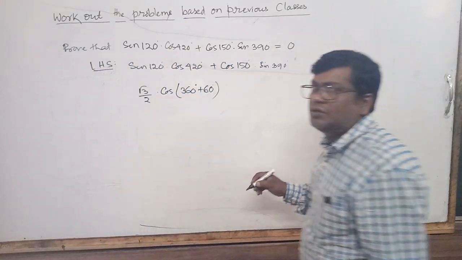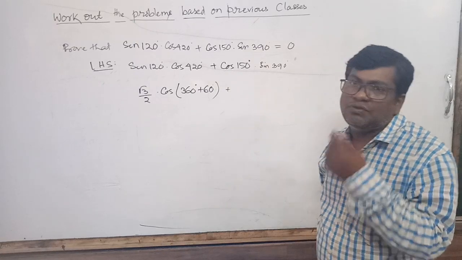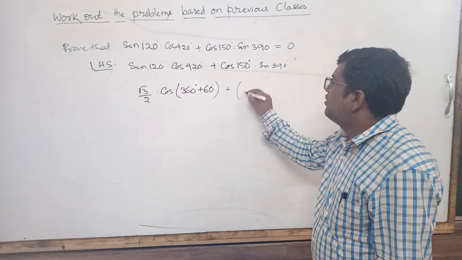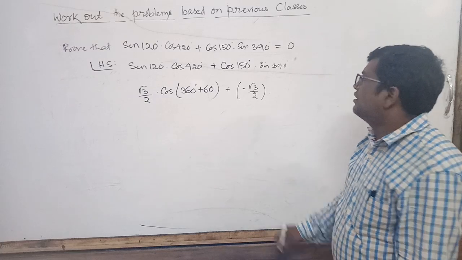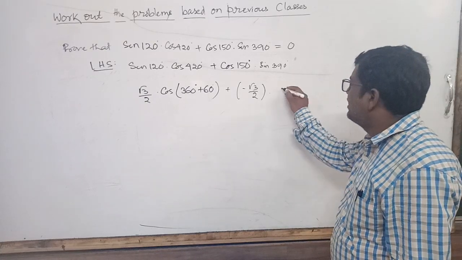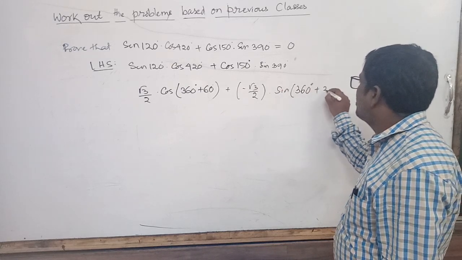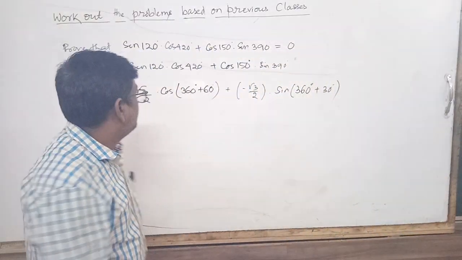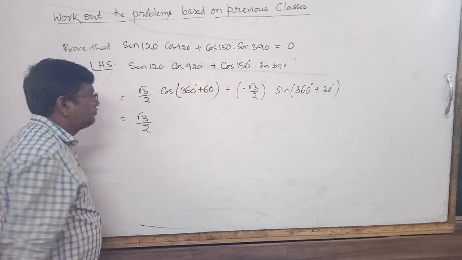Again, we know the value of cos 150 degree, which is minus root 3 by 2. And this is sin 390 degree, that is 390 degree can be written as 360 degree plus 30 degree. Clear?